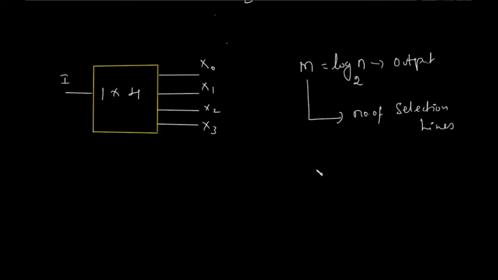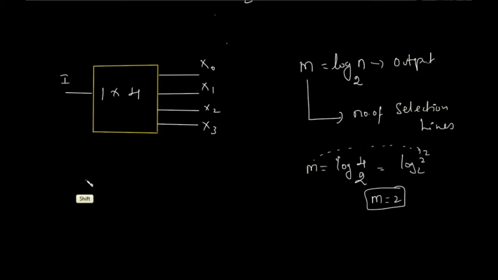So m equals log 4 base 2, which is log 2 to the power 2. So m is equal to 2. So 2 selection lines will be available for you.